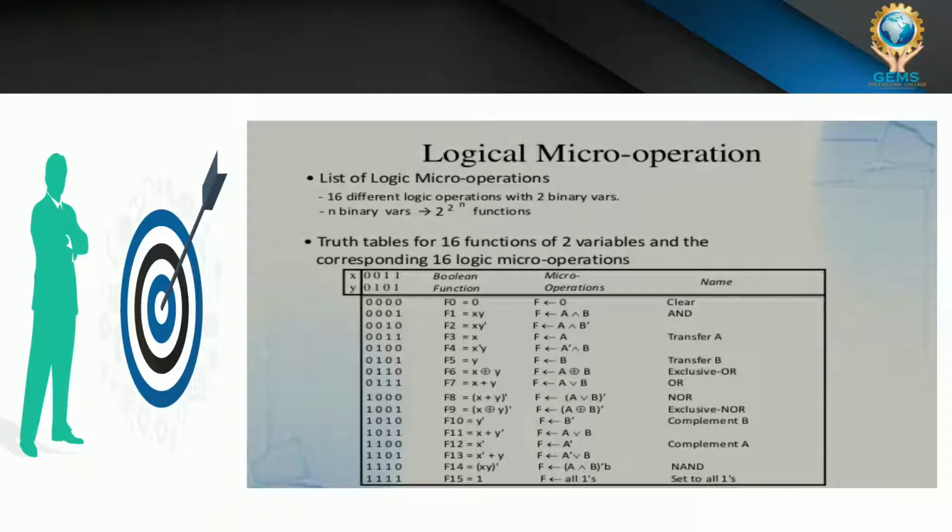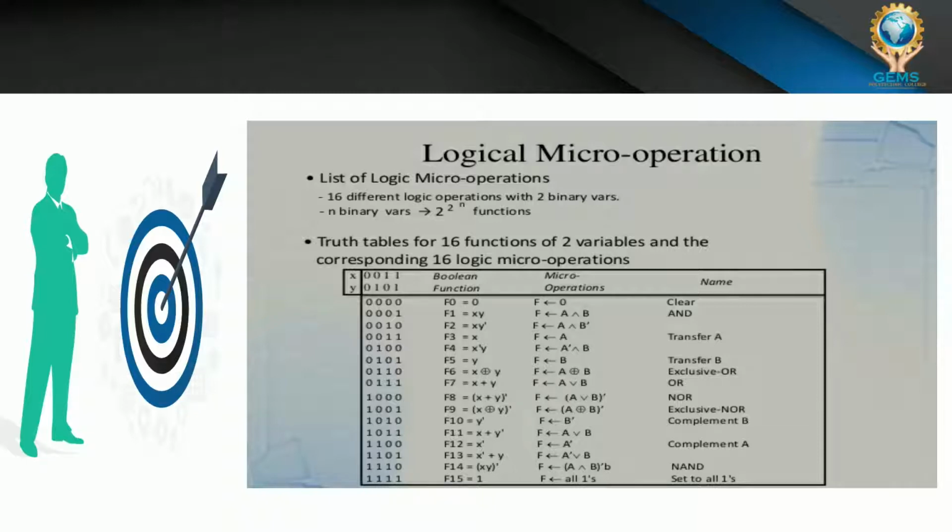These are different types of operations and give different results. One is for clearing, one for transferring, one for exclusive OR, and so on, all based on these logical inputs.